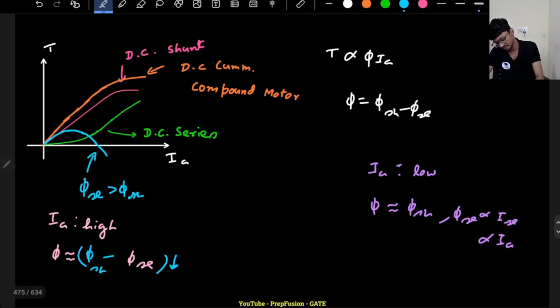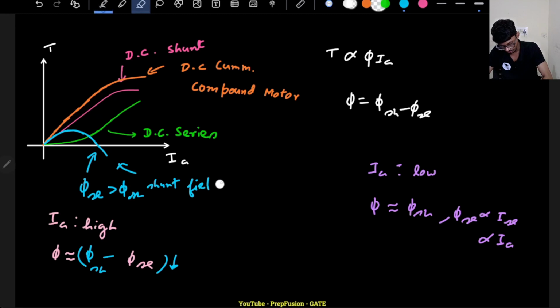If the shunt field is weaker than series, then of course the torque direction will change.